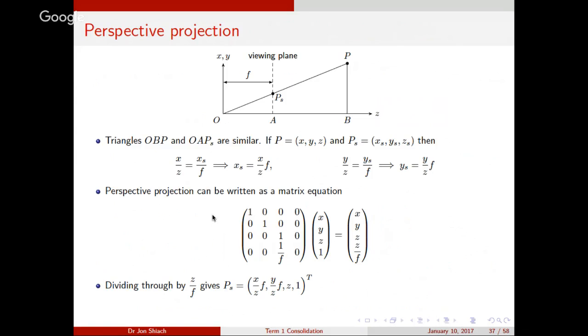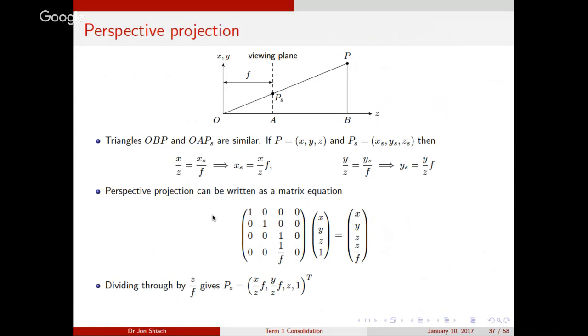So x divided by z is the same ratio as xs divided by f. That distance there is f, that distance there is xs. So xs over f is the same ratio as x over z.